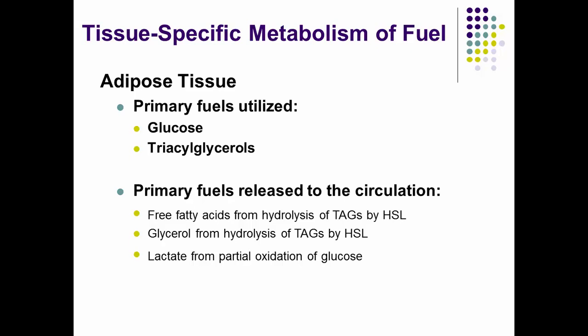So the two major things released from adipose tissue during starvation are fatty acids and glycerol, right? And glycerol can be picked up by the liver and used to synthesize glucose through gluconeogenesis during starvation. So this is basically what fuels adipose tissue uses and releases during starvation.